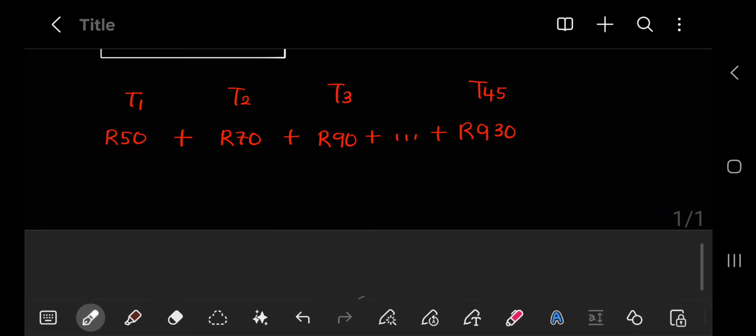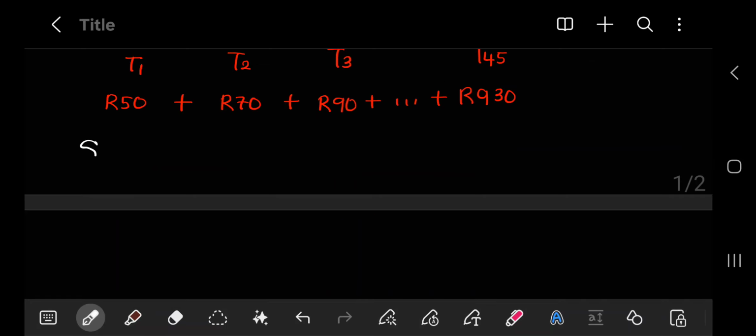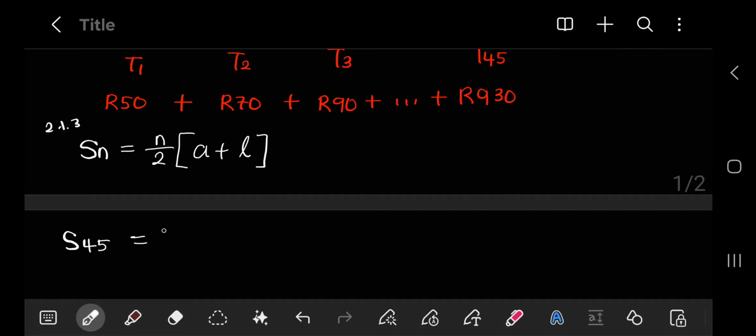So since we know what the last value is, we can use the formula Sn = n/2 (a + l), seeing that we have the last value. So it's going to be S45 because it is over 45 weeks. We're going to add 45 terms. A is the first term, which is 50. The last term is 930.